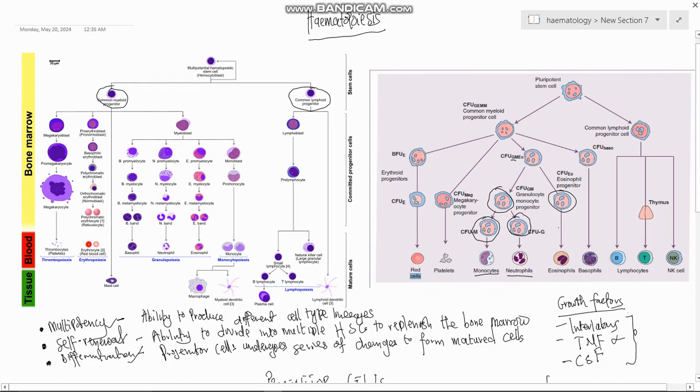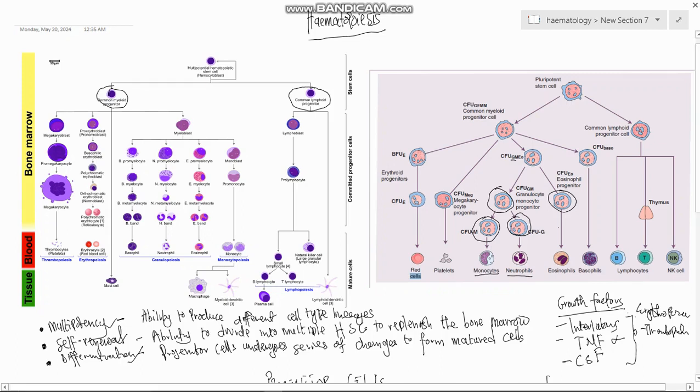We also have erythropoietin, then we have thrombopoietin. What they do is that they bind to receptors on the progenitor cells, and as a result they induce the maturation and the proliferation of the progenitor cells.